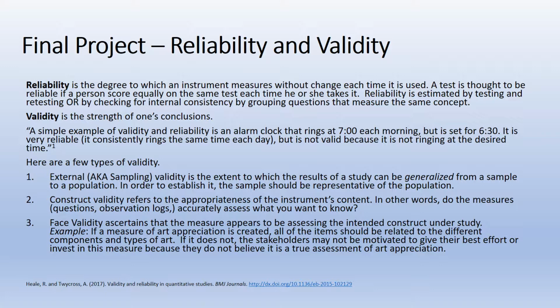Another type of validity is construct validity. It refers to the appropriateness of the instrument's content. In other words, do the measures, such as questions, accurately assess what you want to know?